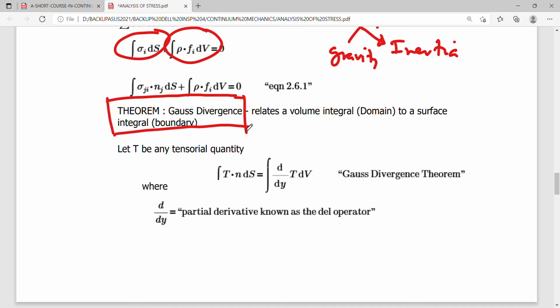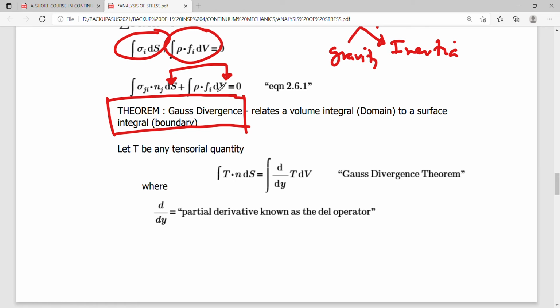Remember that we have two different dimensions or units. We are adding an area with a volume, so we cannot directly add an area domain with a volume domain, a boundary with a volume.